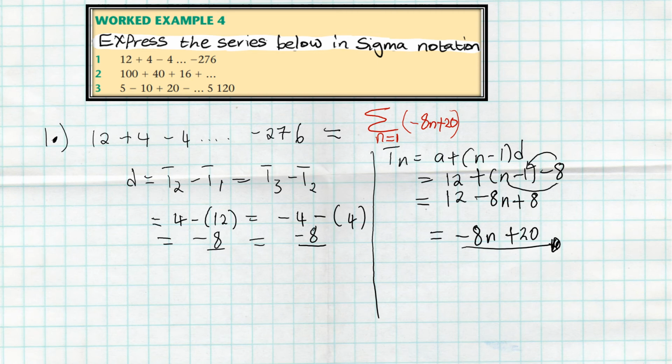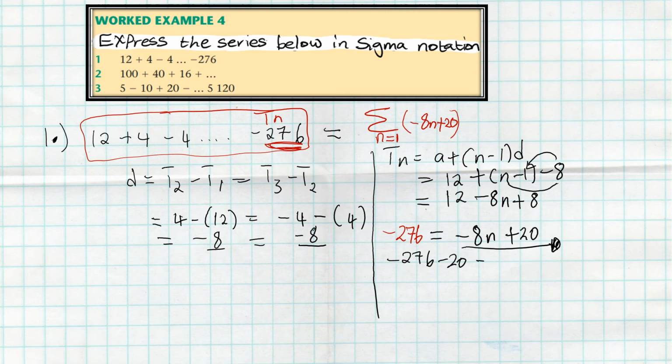To calculate how many terms were being added in this series, we know that our last term is the same as Tn. So where there is Tn, I'm going to put minus 276 and calculate the number of terms. So minus 276 minus 20 is equal to minus 8n.